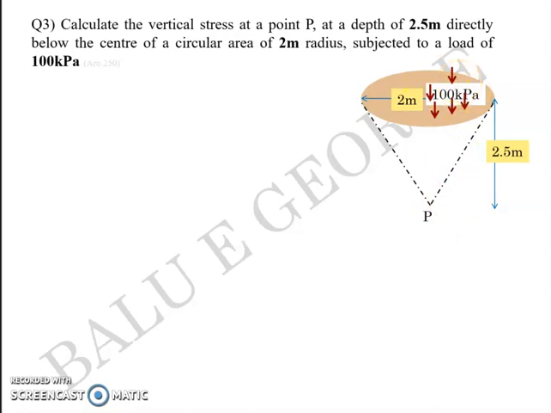So clearly it's something related to circular area, and you need to go for IC into Q equation, where IC is equal to 1 minus 1 by (1 plus (radius by z) square) raised to 3 by 2, where radius is 2 here and z is 2.5.